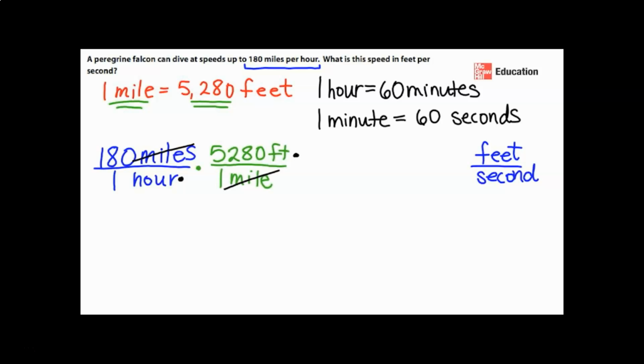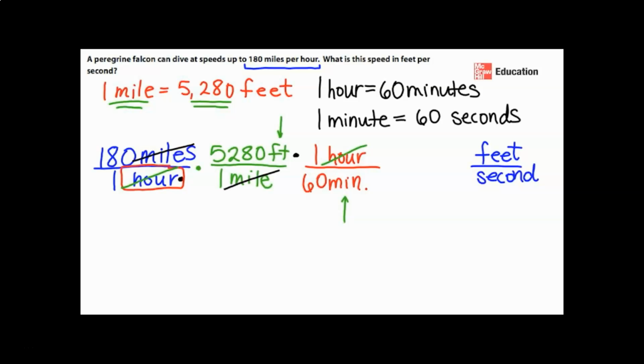Our goal is to be in feet per second, which means we now need to change hours into seconds. So we know that 1 hour is equivalent to 60 minutes. And you can see that the word hour in the numerator and hour in the denominator eliminate, and we're left with units in feet per minute.